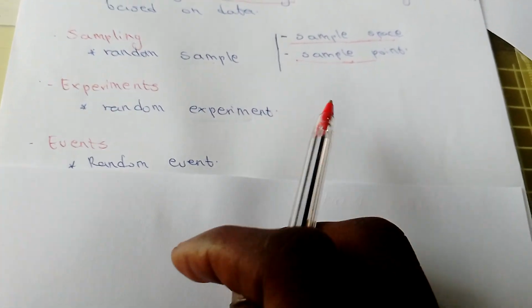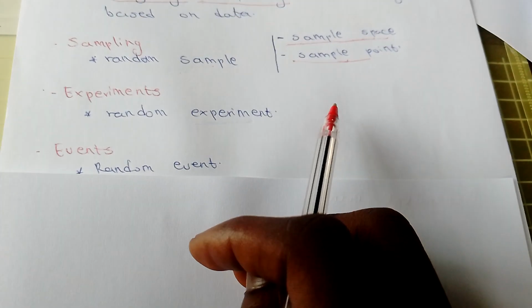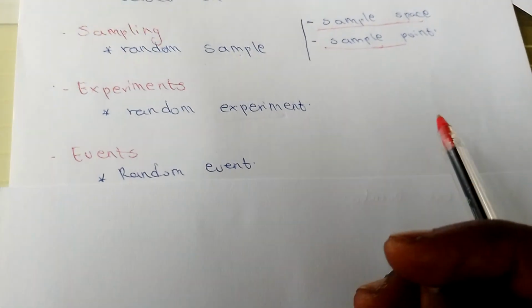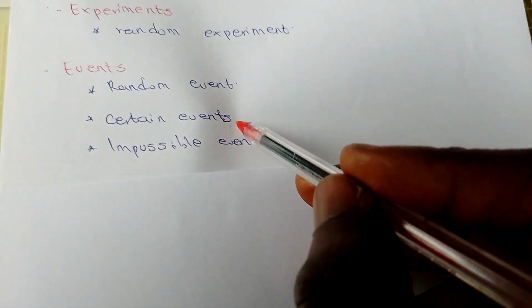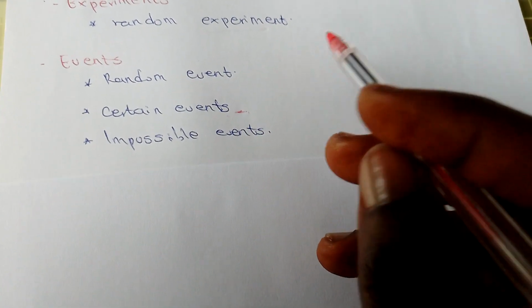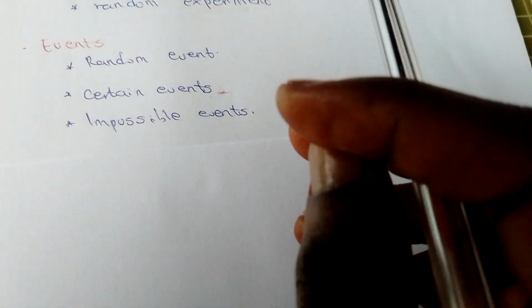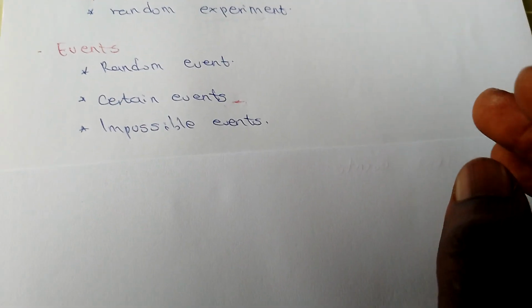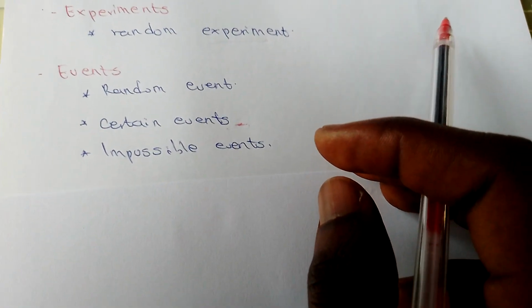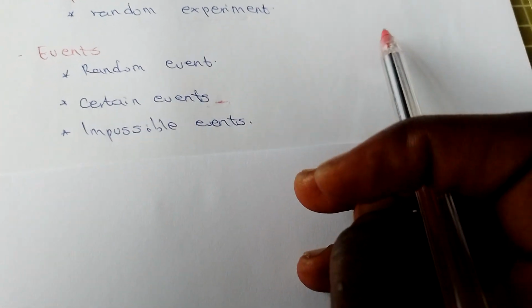So after tossing, or after the experiment, you get your event. Yeah, so the event is the result of an experiment, and it can be anything. We have random events, and we have certain and impossible events. Certain events are events that you know that after doing this experiment, definitely this will happen. So, for instance, when you toss a coin, you know that you are either going to get heads or tails.